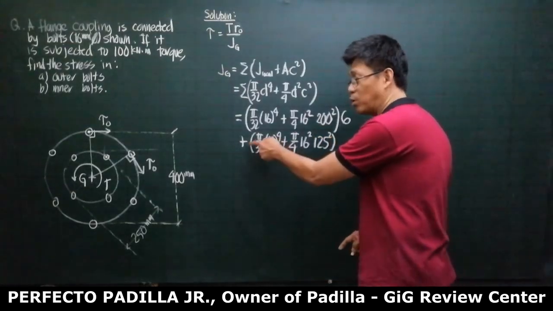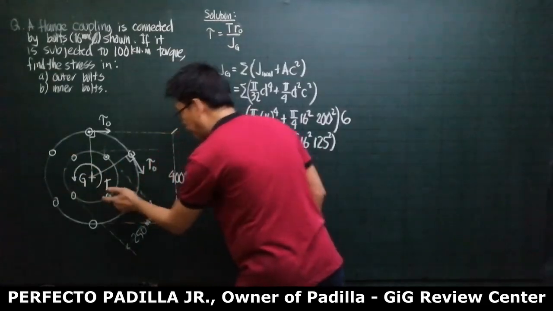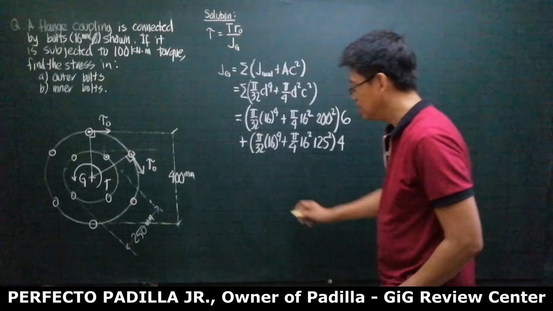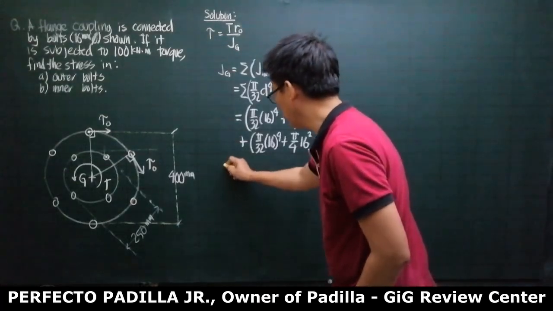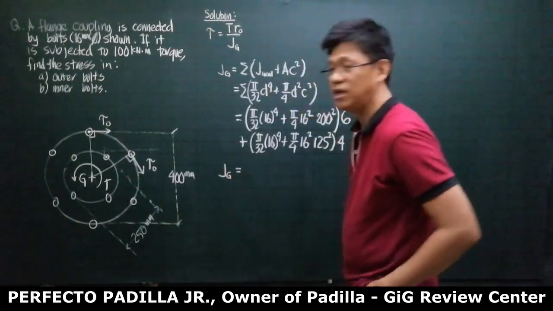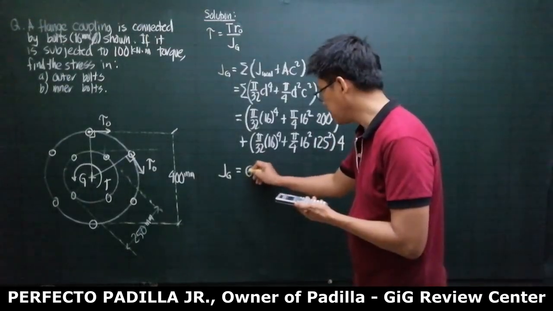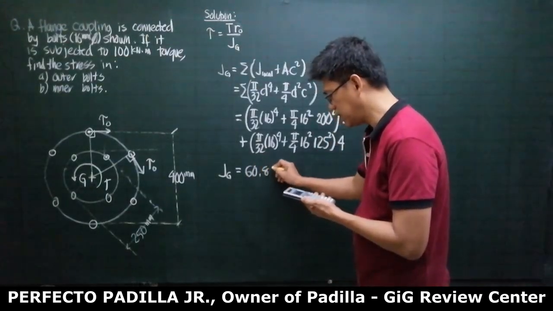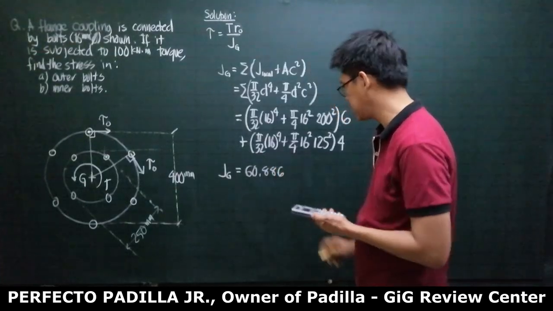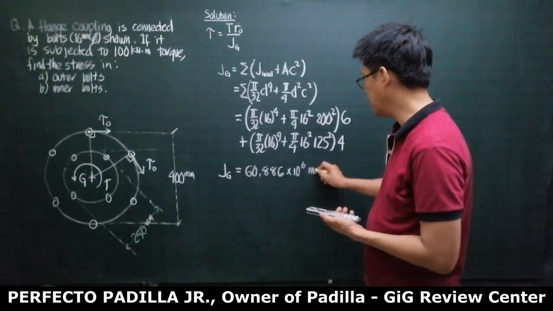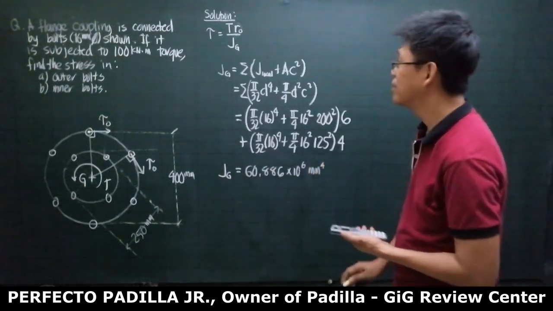This is for 1 bolt. And there are 4 of them. So therefore, multiply this by 4. So we will be able to compute here the J global. And J global equals 60.886 times 10 to the 6 millimeters to the 4th.